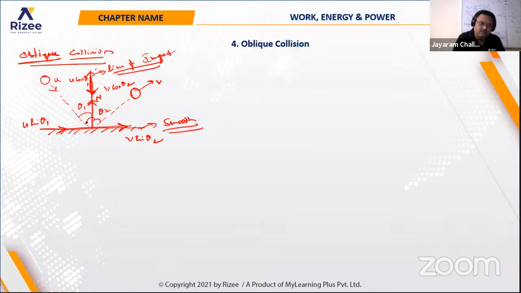The ball is colliding at this particular instant, and this will be your line of collision. This axis is called the x-axis. We can also call it the t-axis, the tangential axis. So along the t-axis, what will happen?